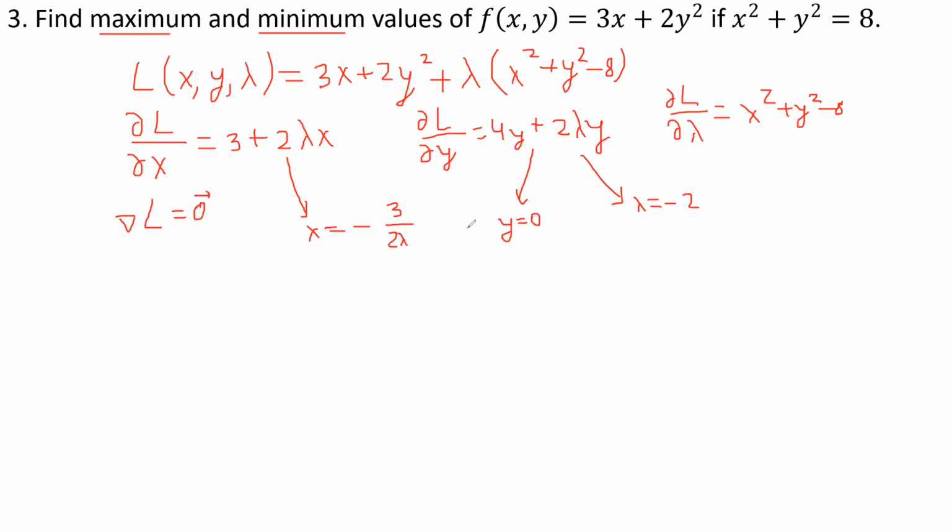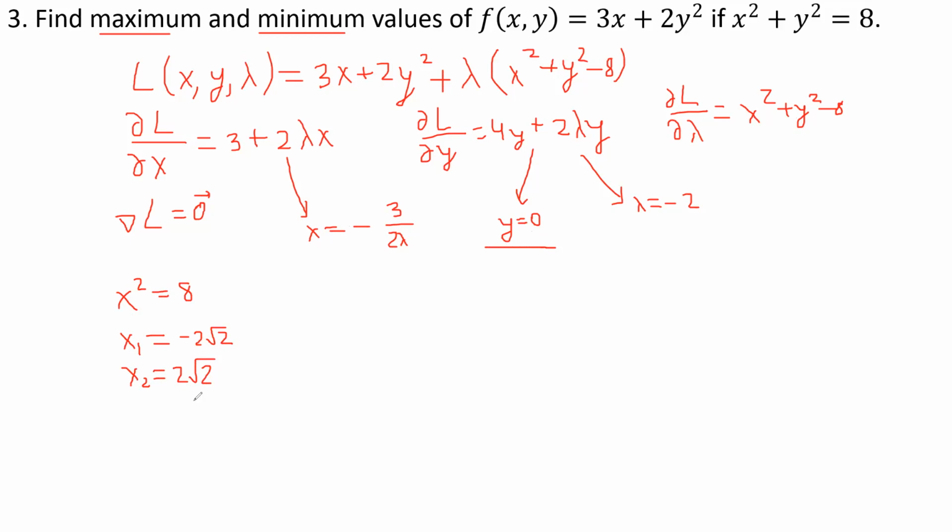So we will start with y equals 0. We will input it into the third equation and we will get x squared equals 8. So there are two solutions to that. x1 is minus 2 square root of 2. x2 is 2 times square root of 2.